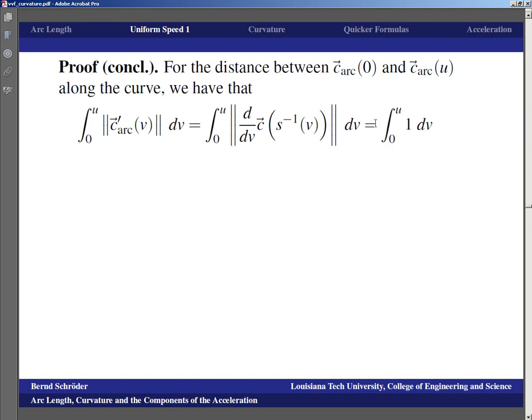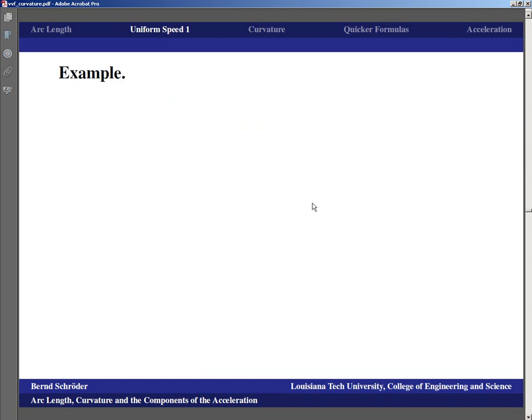But we know what that is. We had computed that to be 1. And the integral from 0 to u of 1 is, of course, u, and that is the end of the proof. Okay, so that establishes that we can rewrite any sufficiently well behaved parametrization in such a way that the particle travels at unit speed.